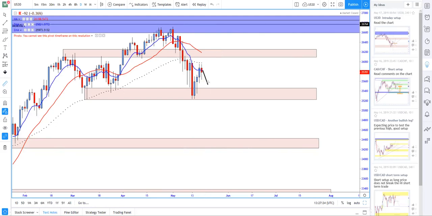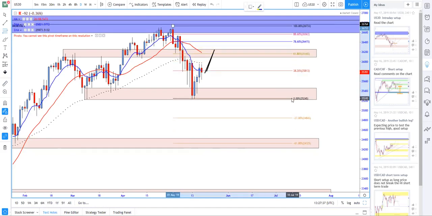Price will retrace, goes higher, or price goes higher in this. I will be looking for selling opportunities there. 61.8 Fibonacci's, you can clearly see, and significant confluence falling exactly on the supply level there.